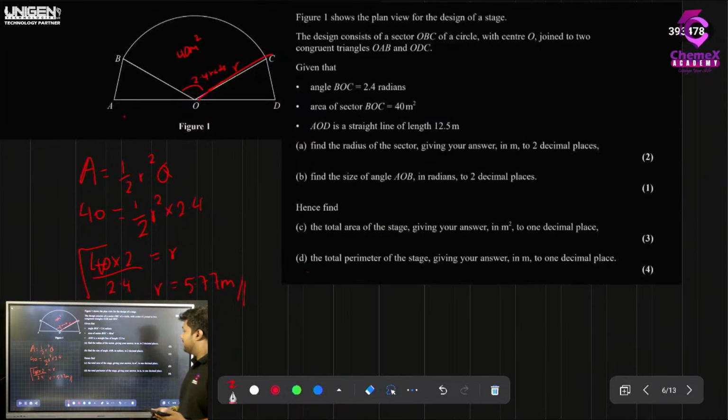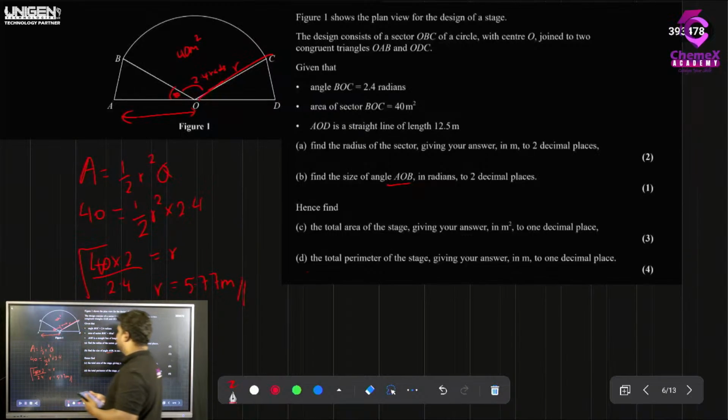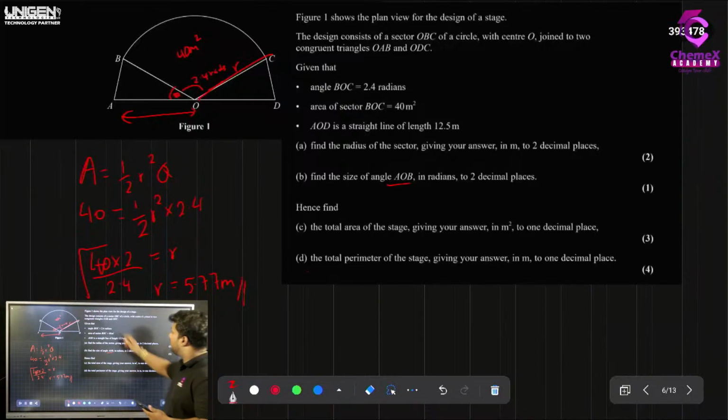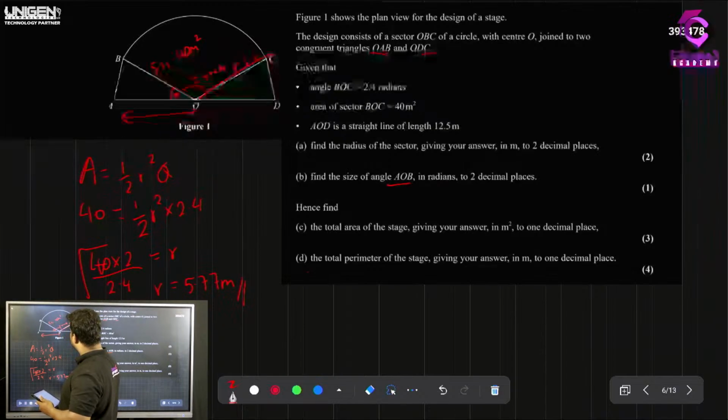Now what are they asking? Find the size of OAD, this angle. These two are congruent. If they are congruent, you know this is 5.77, this is 5.77. This entire thing from here to here is 12.5.